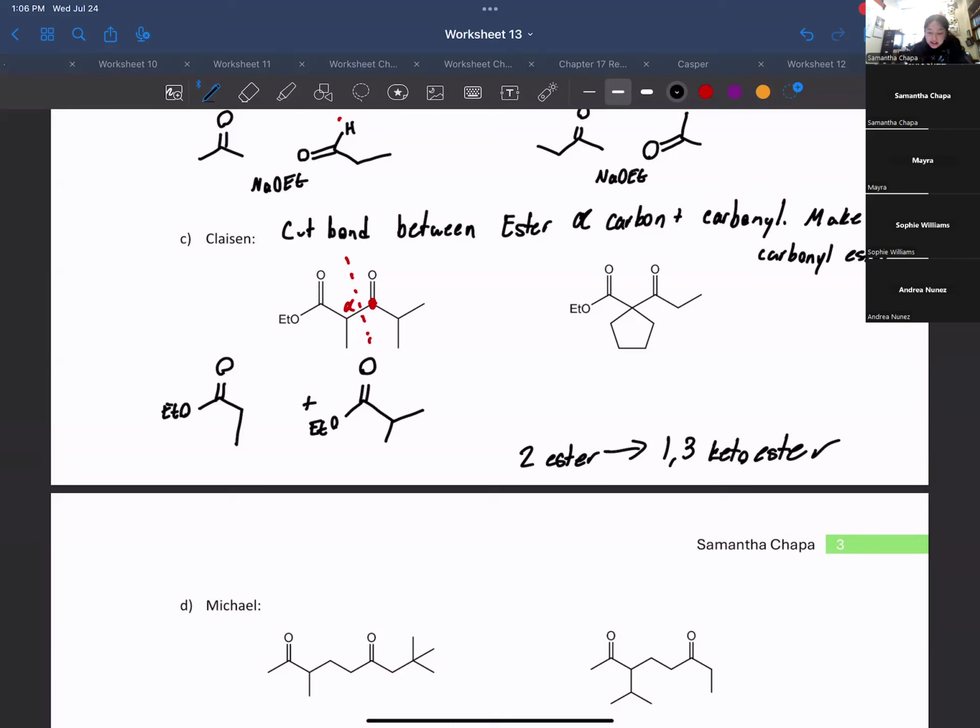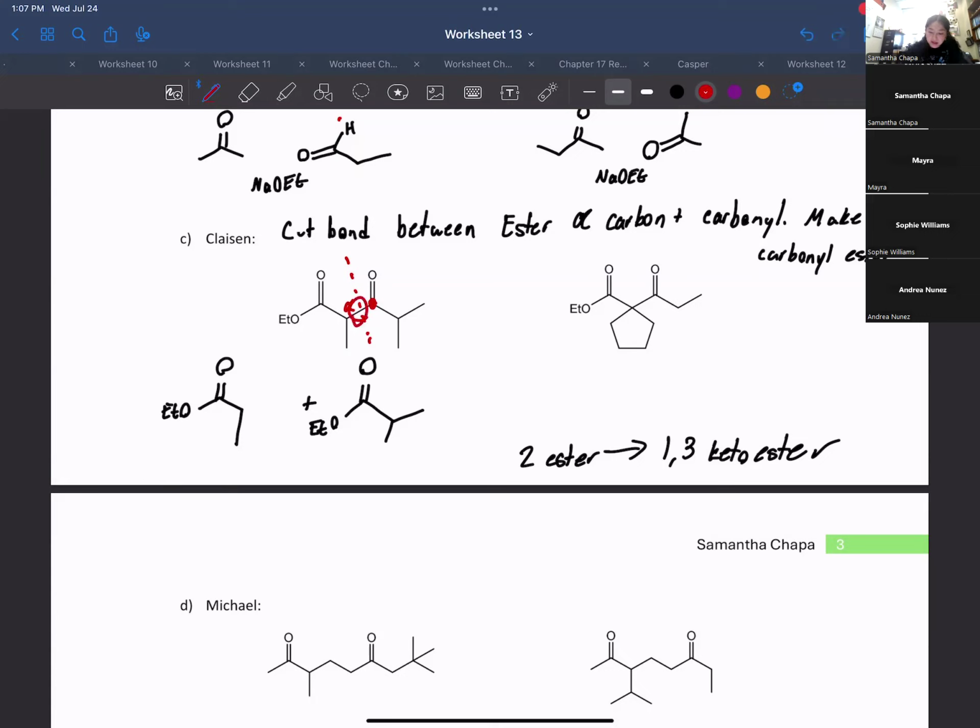So again, identify your ester group. So this is my ester functional group, and then label the alpha carbon for that ester functional group. Then find your other carbonyl group, which is the one right next to it, without the ester, and cut that bond in between. And so you'll have that whole original group of ester, and you need two esters in order for a Claisen reaction to happen.